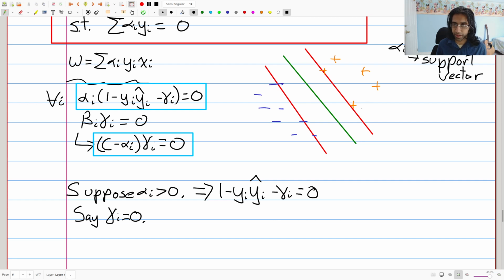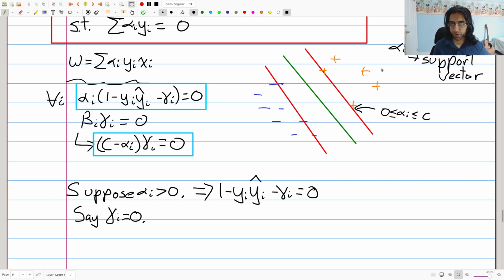So this is talking about points which lie on here. For things on the margin, we have that alpha i is between 0 and C, so 0 is less than or equal to alpha i is less than or equal to C. Any of them is possible.